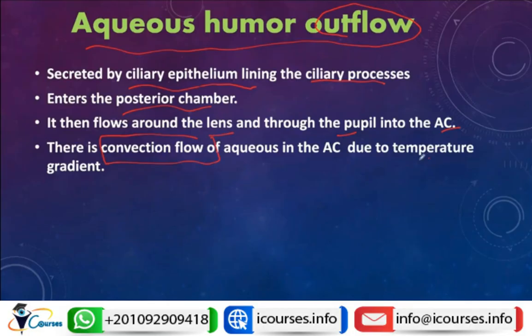There is a temperature gradient, meaning that if we have here, this is the cornea, and this is the iris. When the aqueous is passing from the posterior chamber through the pupil to the anterior chamber, it is in contact with the iris, and the iris has surface blood vessels.